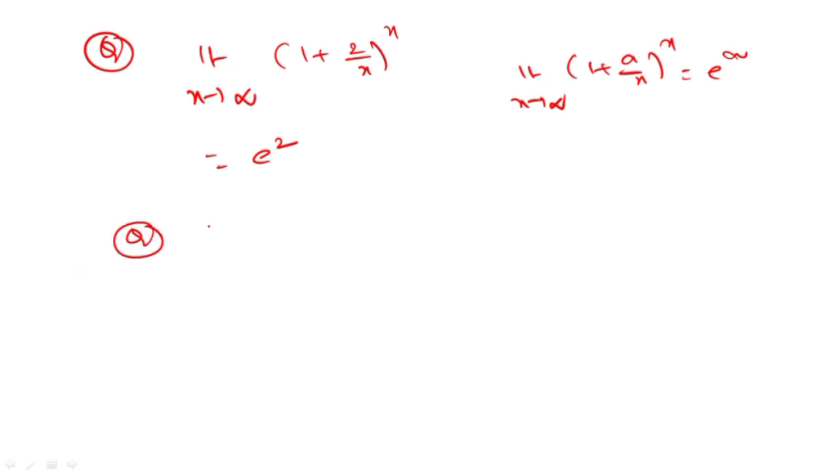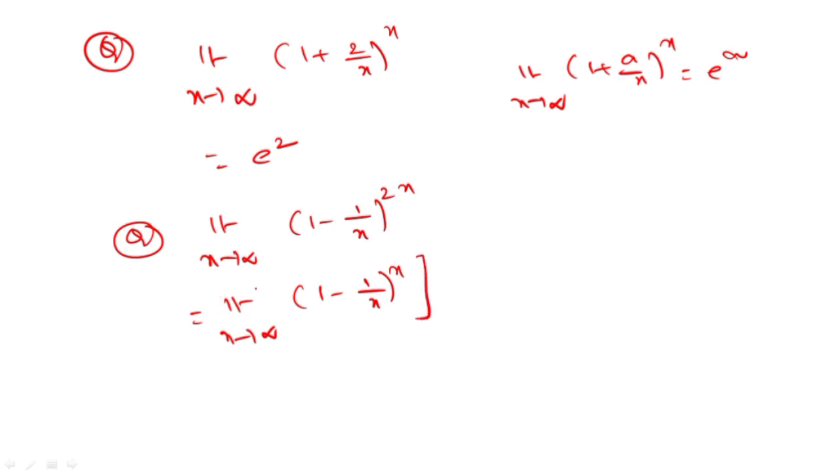Another problem: limit x tends to infinity of 1 minus 1 by x whole power 2x. I will write it as limit x tends to infinity of 1 minus 1 by x whole power x, whole square.